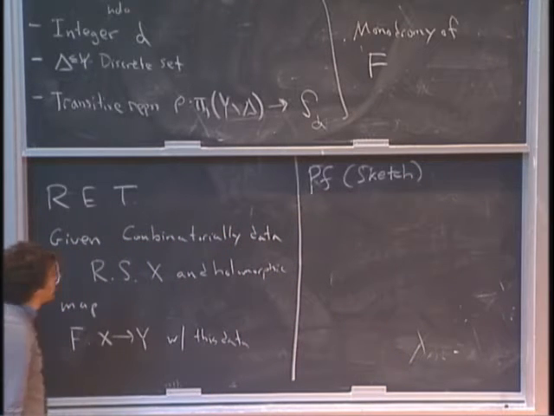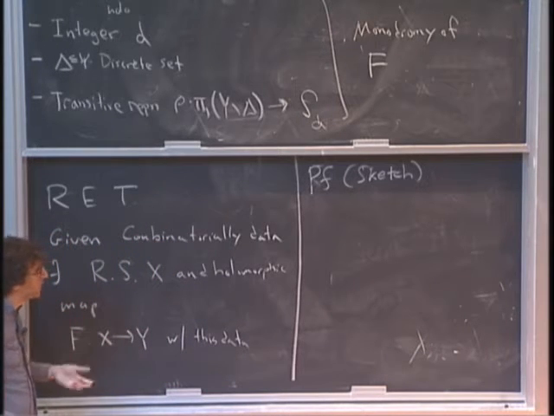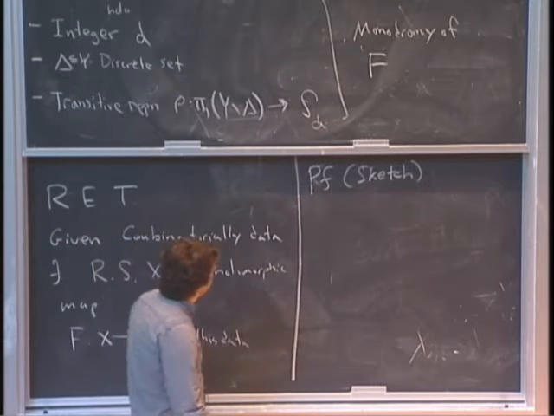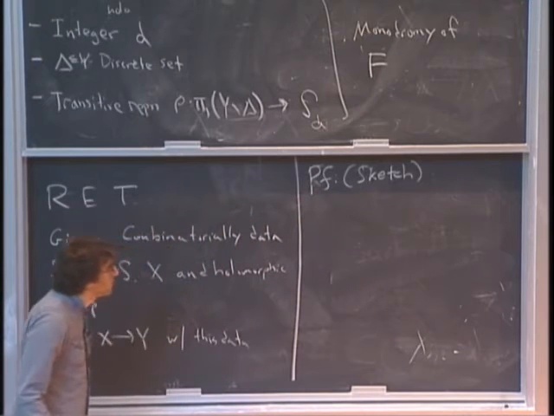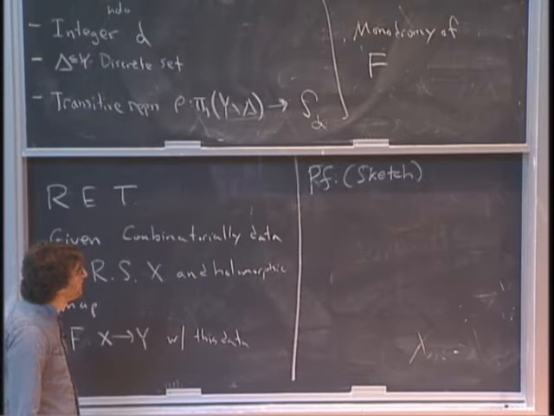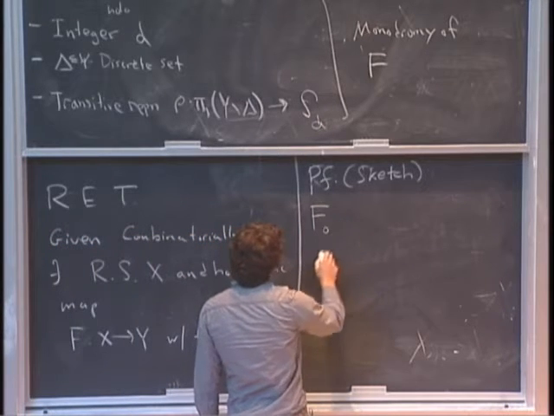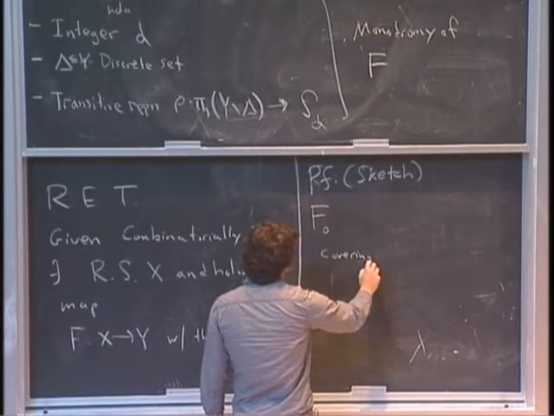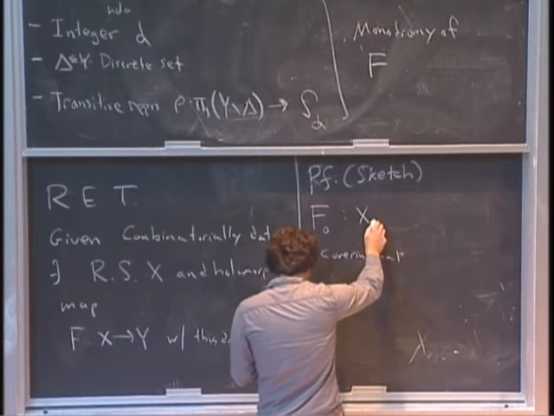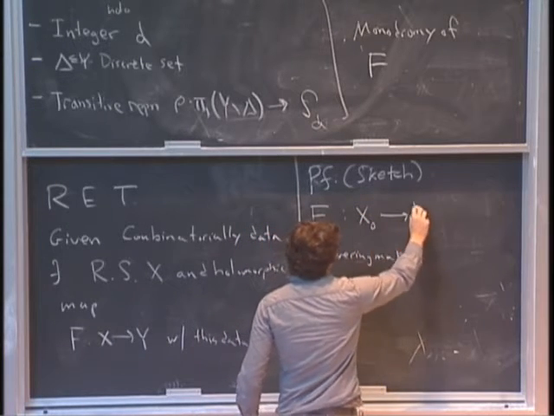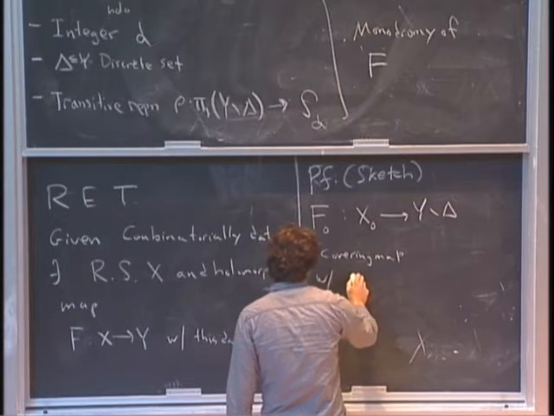The main idea is, the first thing is that given this combinatorial data, it follows from standard topology, which of course one should do if one's doing it for the first time, that there's a covering map F0 that takes some set X0 to Y minus delta with the given data.